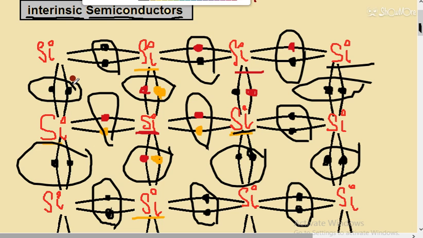So my motive for this diagram was that CBSE asked one question from this topic. Only one question is asked from this topic.